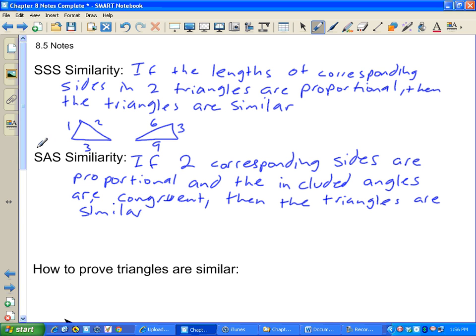Okay, so remember it's got to be the included angle. So the same rule applies. There's no ASS similarity. There's only side-angle-side.